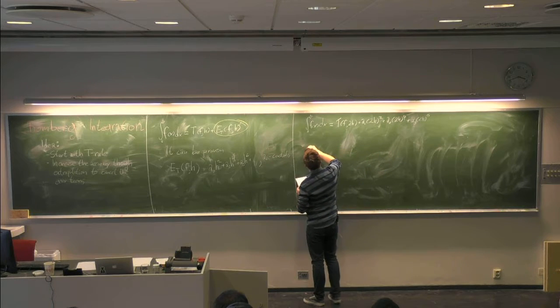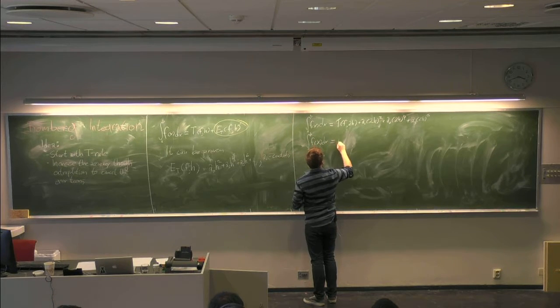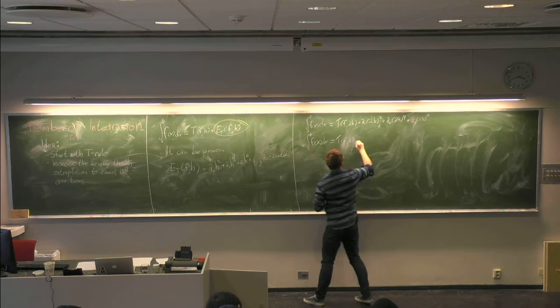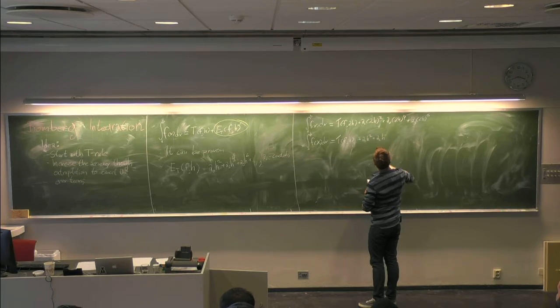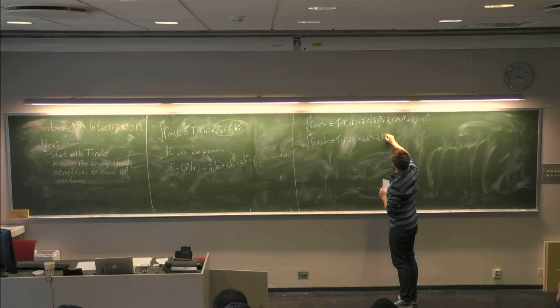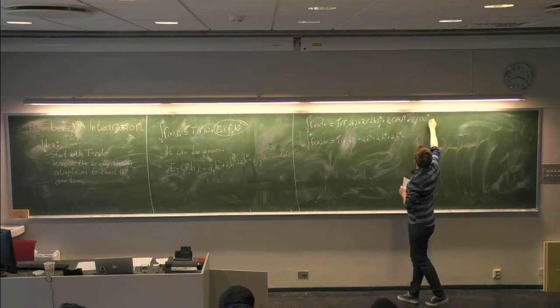Whereas solving it with half that step length, we get T of f with h, plus a1 h squared, plus a2 h to the power of 4, plus a3 h to the power of 6, und so weiter.